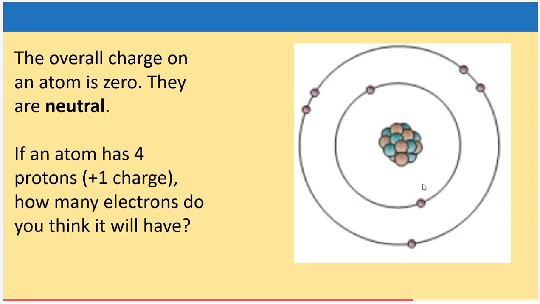They've all got a -1 charge. So if you've got 7 lots of -1 charge, you've got a -7 charge orbiting around the outside. So +7 in the nucleus, -7 in the electron shells. Those balance each other out, so you end up with an overall charge of 0 for your whole atom.